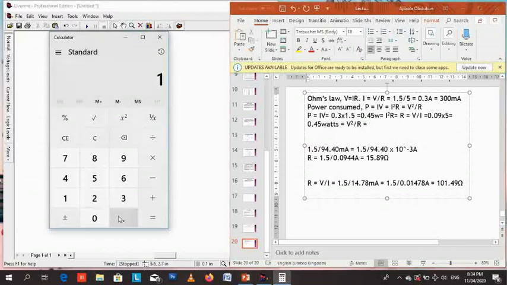Okay, V squared over R is the next formula we'll test to show that we can use it as an alternative.